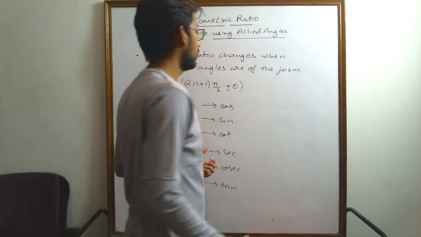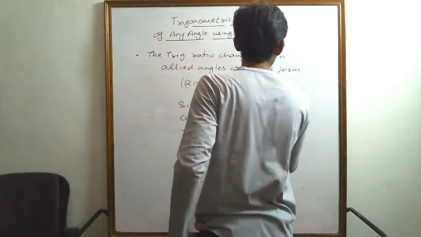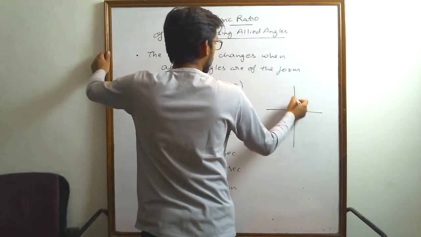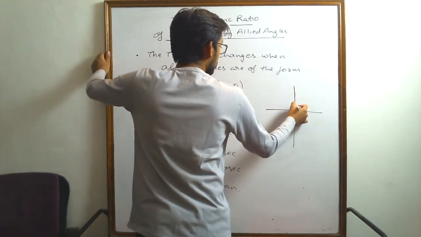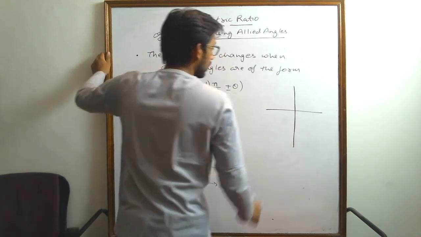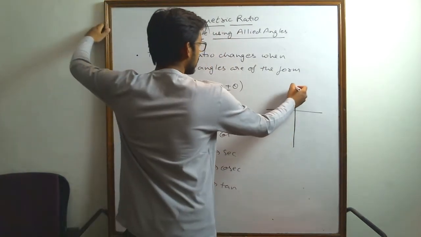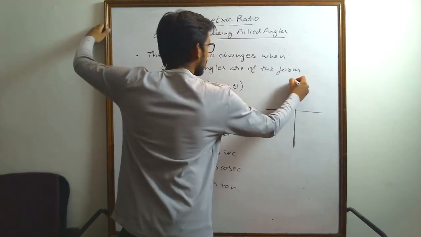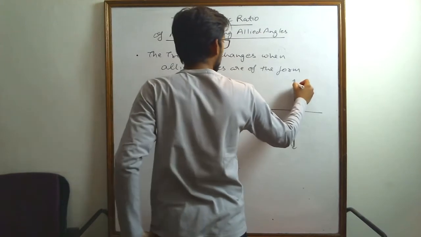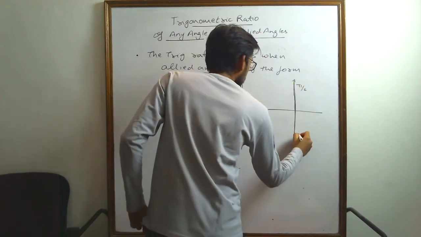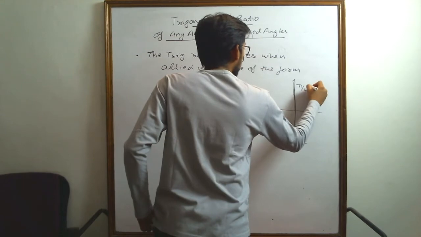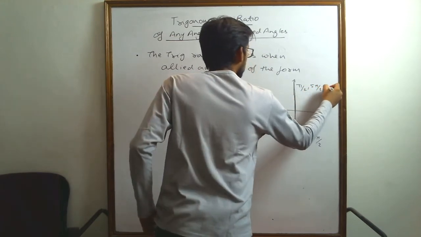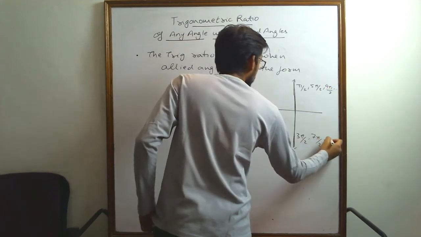So if angles are in the form 2n plus 1 into pi by 2 plus minus theta, then 2n plus 1 into pi by 2 are angles which lie on the y-axis. That means angles such as pi by 2, 3 pi by 2, 5 pi by 2, 7 pi by 2, 9 pi by 2, and so on.